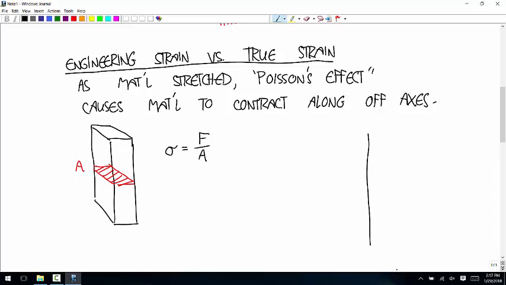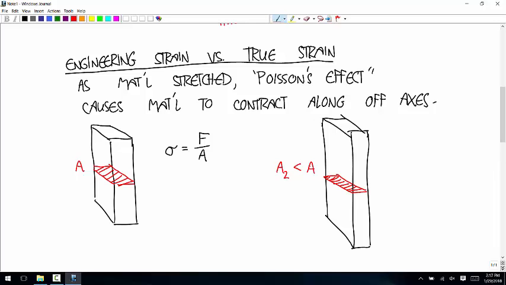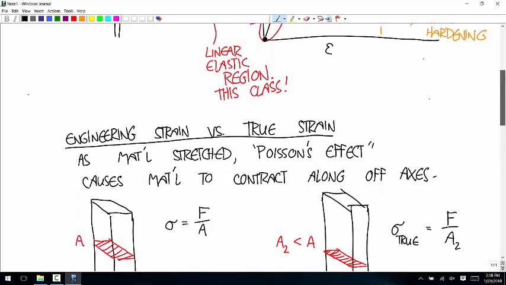If you stretch it, let me call this A2, and that A2 is going to be less than the original A. And so as that A2 gets smaller, the true stress is equal to the force over A2.